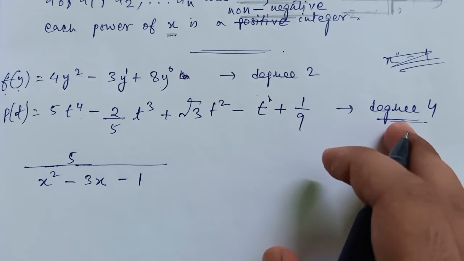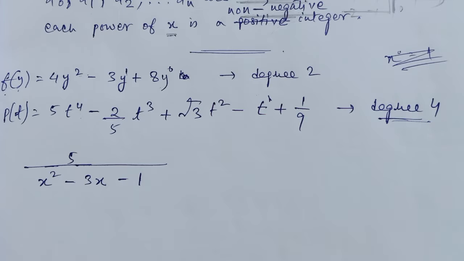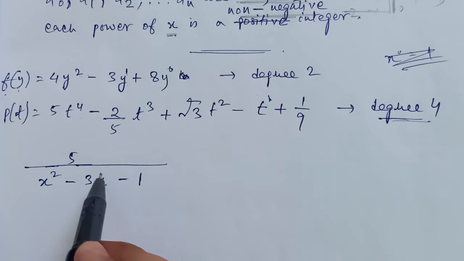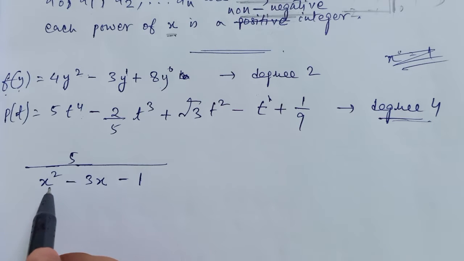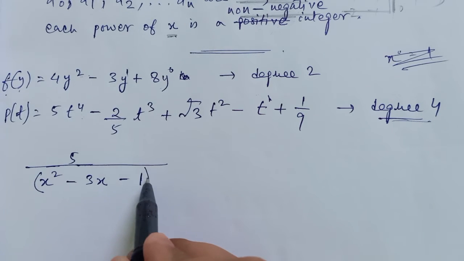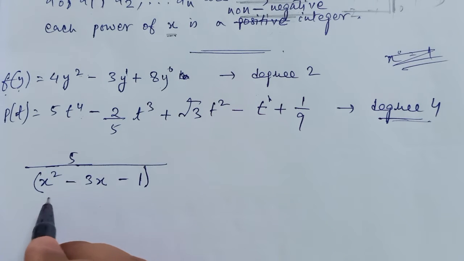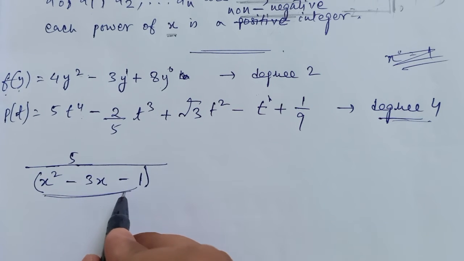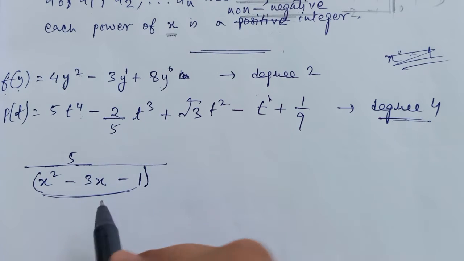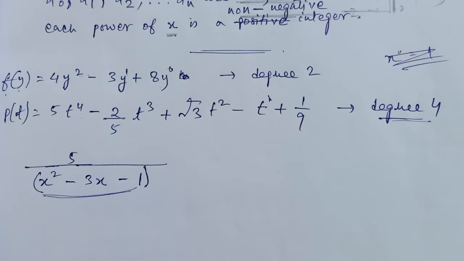So this kind of polynomial is called a biquadratic polynomial, right? But as you can see, the next one here, if you consider this as the polynomial, it is in the denominator. If you write this with respect to the numerator, what will be the result? The powers will go negative, right?